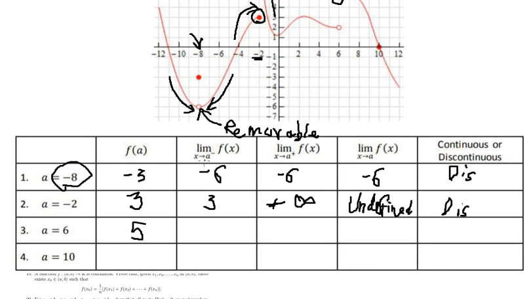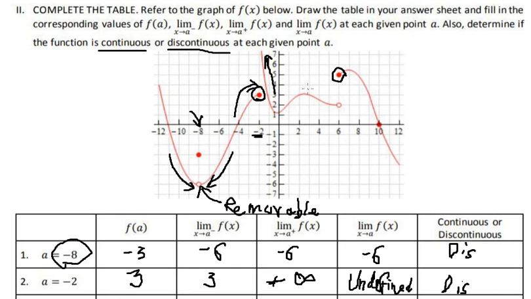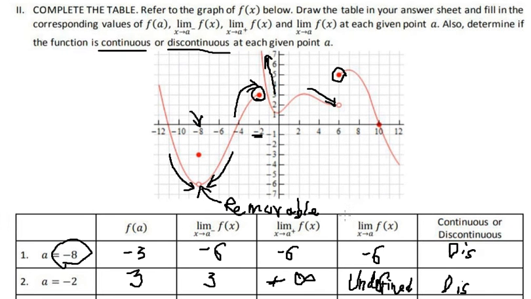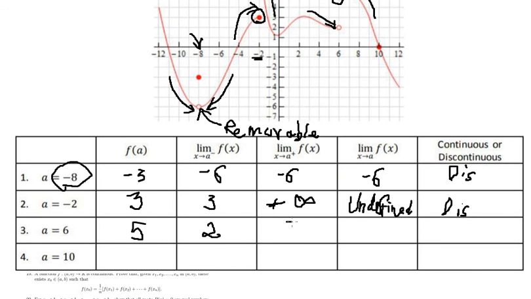Next, as a approaches from the negative side, that is from here, they go from the negative, so they approach the value of 2. From the positive side, they go this way. If they go this way, we get about 5. And we still write undefined.